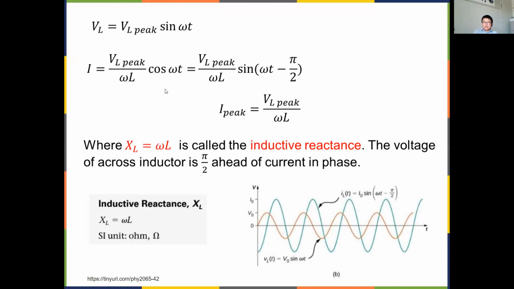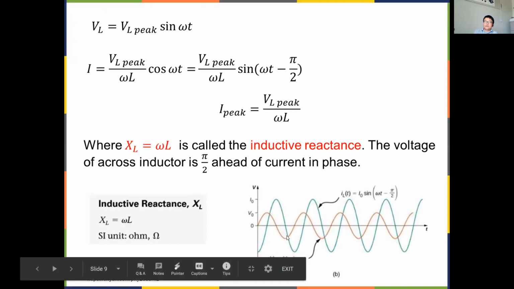Then you can rewrite the cosine function as a sine of omega t minus pi over 2. When you plot V and I on the same graph, you'll see that the current in this case is leading the voltage. That means the current peaks first before the voltage peaks.